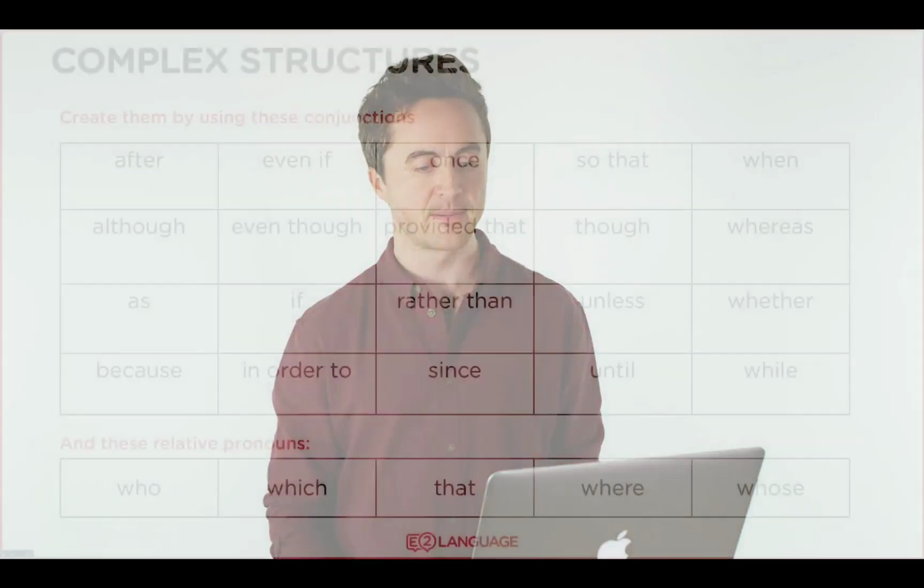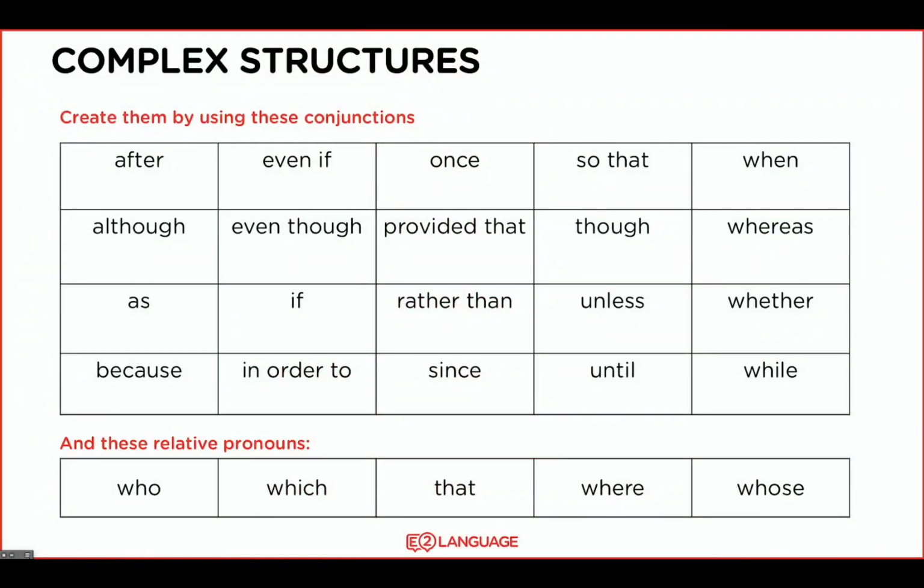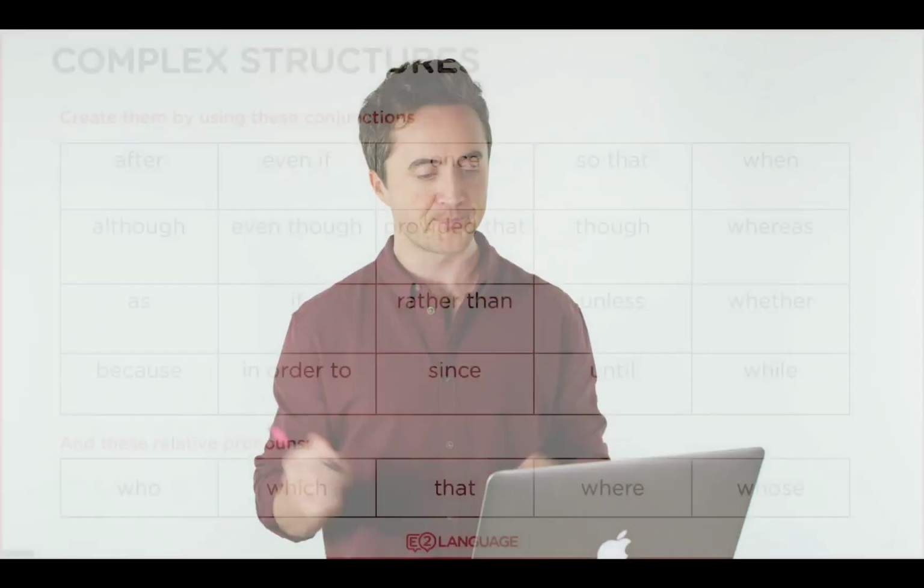Let's look at what it means to have complex structures, which is a really critical aspect. Complex sentences can be created by using these conjunction types. You might start a sentence with one of these words, or it might be embedded in the middle of the sentence. But what it's ultimately doing is coordinating two parts of the sentence.